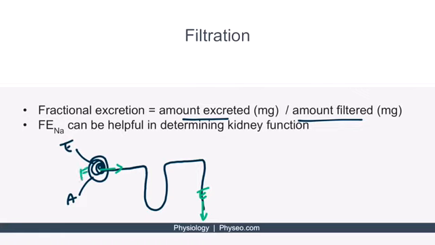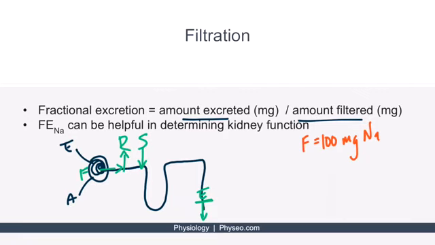Let's use sodium as an example and assume the kidney is filtering 100 milligrams of sodium. We know that some reabsorption and secretion normally occurs, and ultimately what remains is excreted.